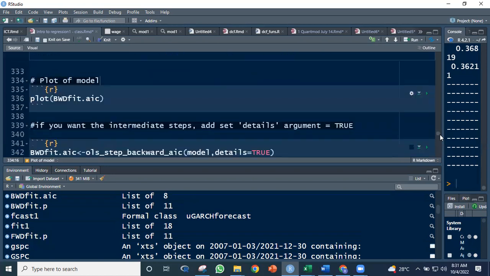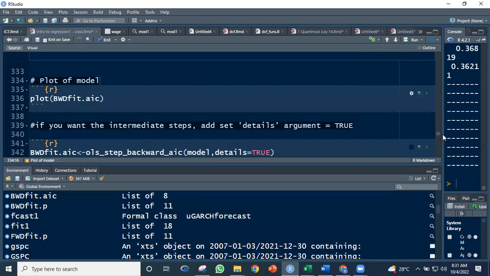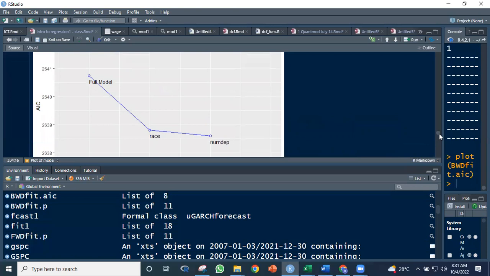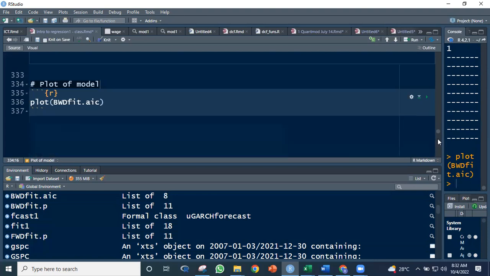Okay, and then if we plot, we can see which one has the lowest AIC. So race was removed, number of dependents was removed. Experience was not removed. Experience should be removed, right?